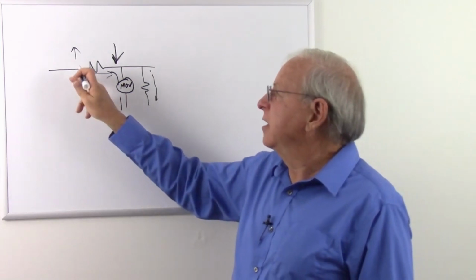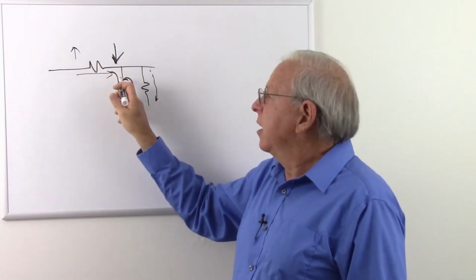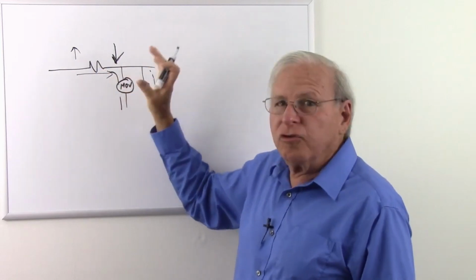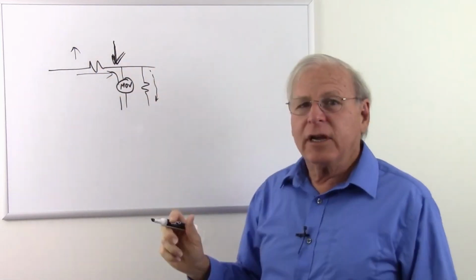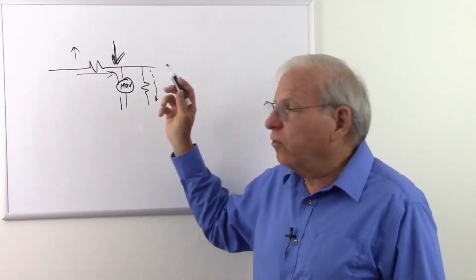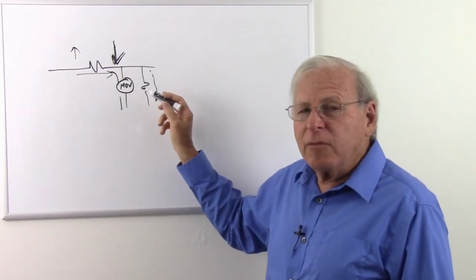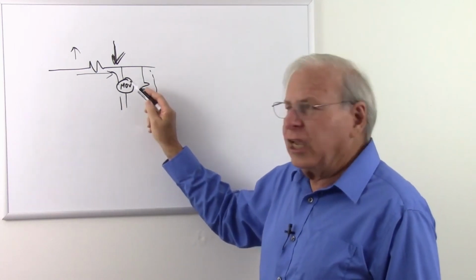So if there's a sudden increase in voltage, this MOV is going to suddenly turn on and pull that voltage down. So it's going to absorb voltage surges or voltage spikes. Most MOVs I've seen, this may not be universal, are colored green.